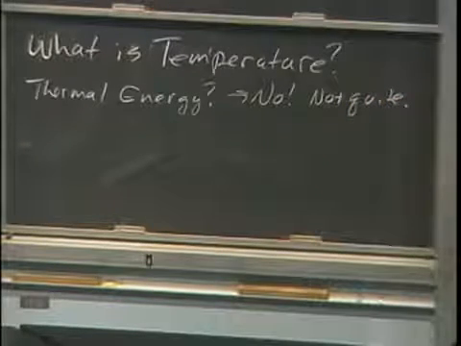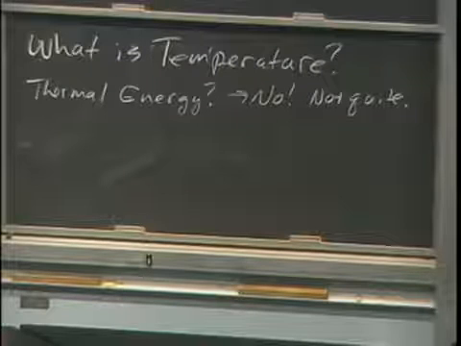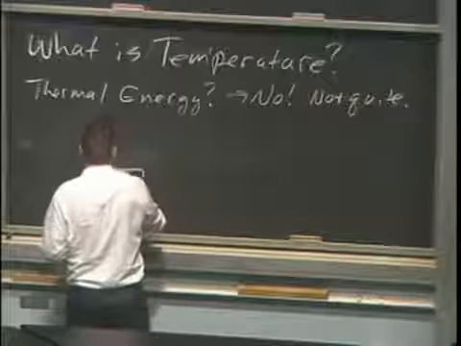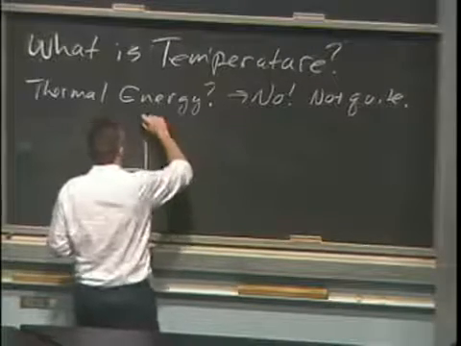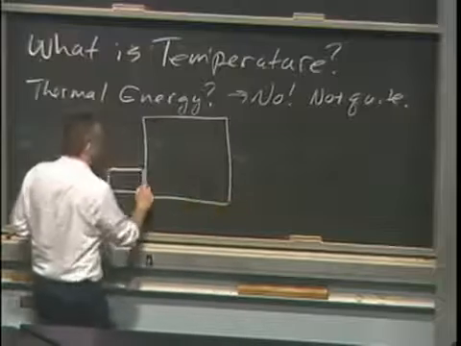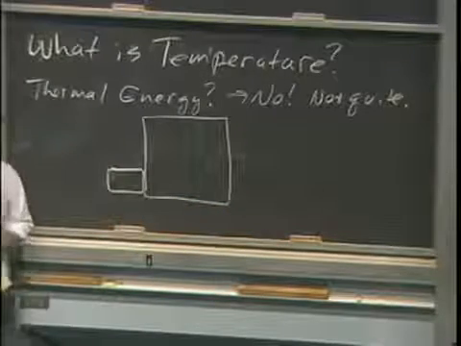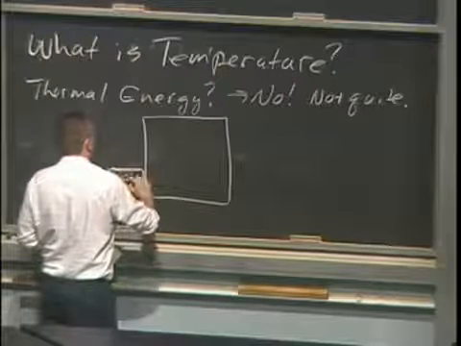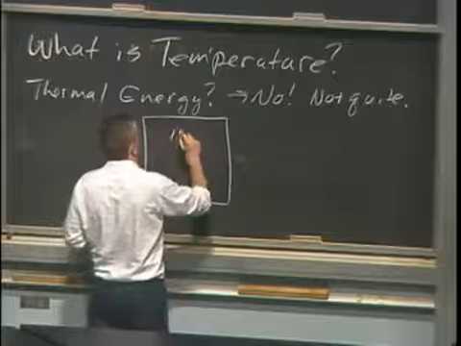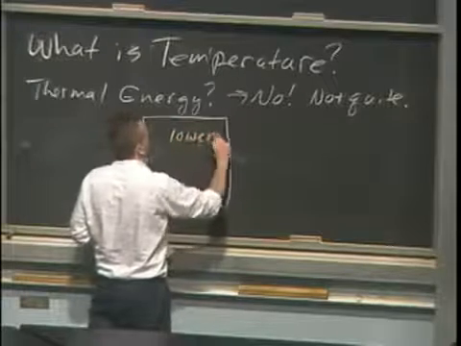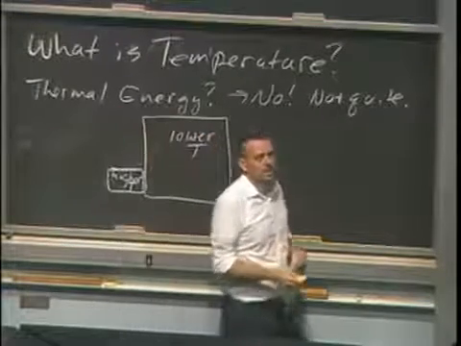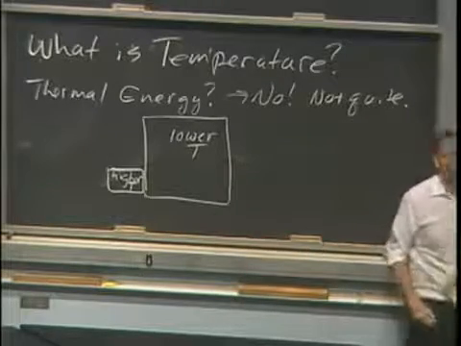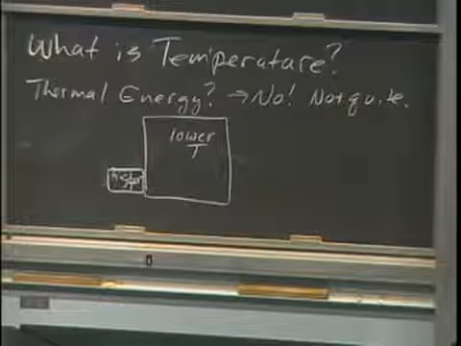Let's think of a simple example. We can have two objects, one that is relatively small and one that is much larger. The small one can be at a higher temperature and the large one at a lower temperature. But even though the large one is at a lower temperature, because it is much larger it can still have much larger internal energy.